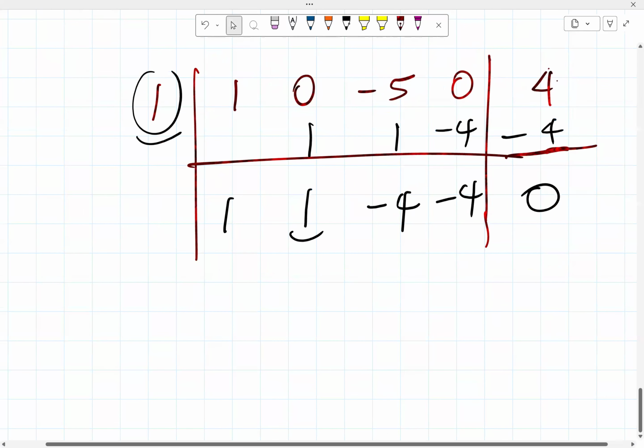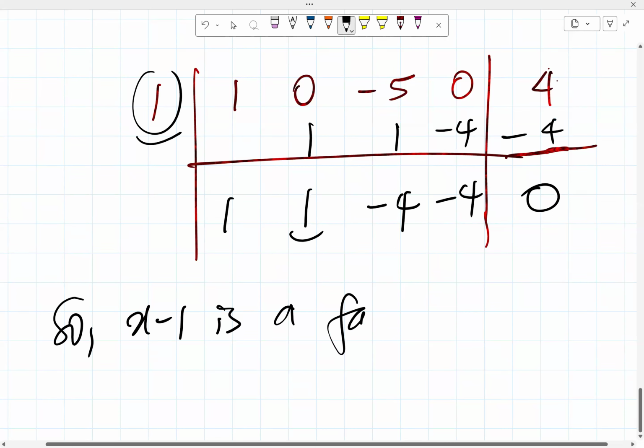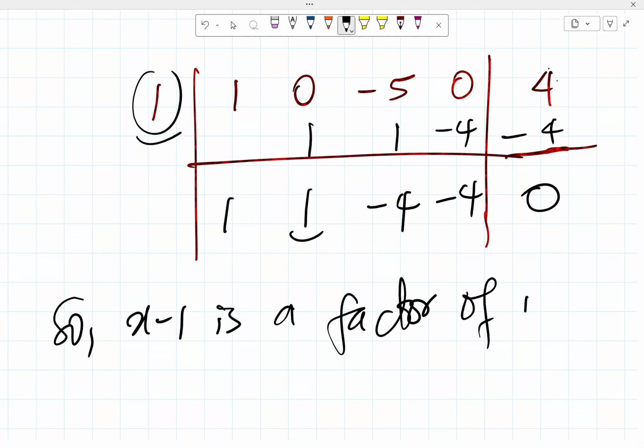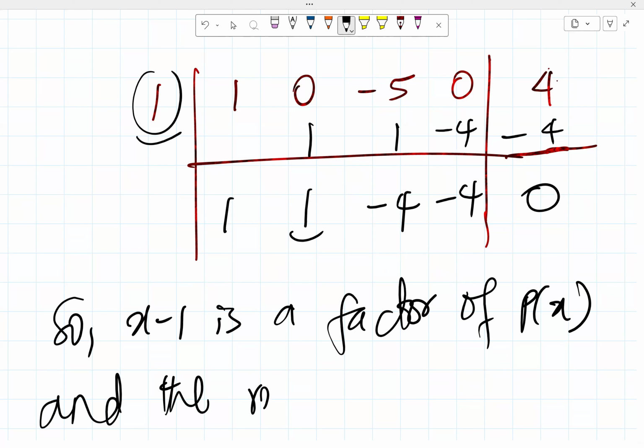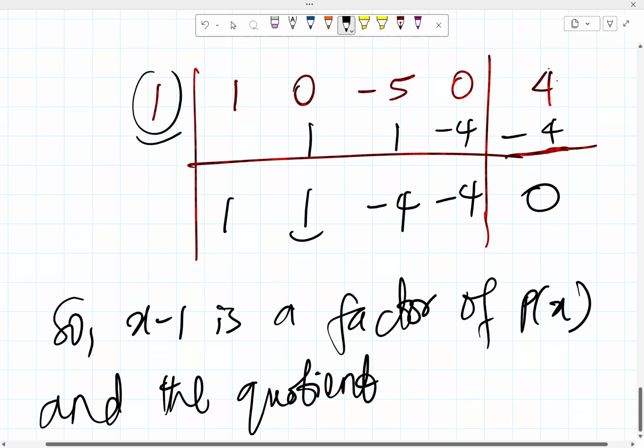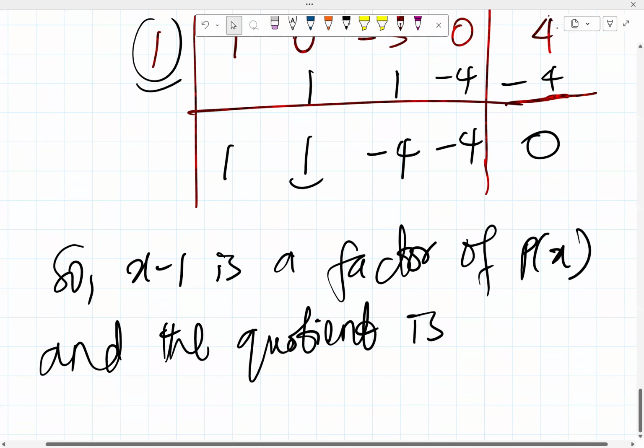So x minus 1 is a factor of the polynomial p of x, and the quotient now will be a cubic factor because we are dealing with a 4-degree polynomial.